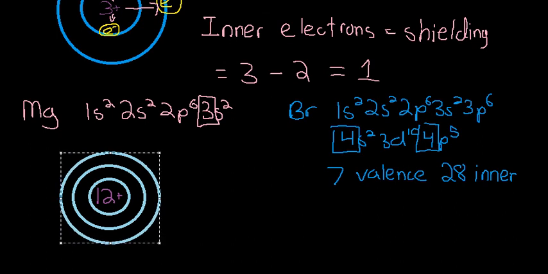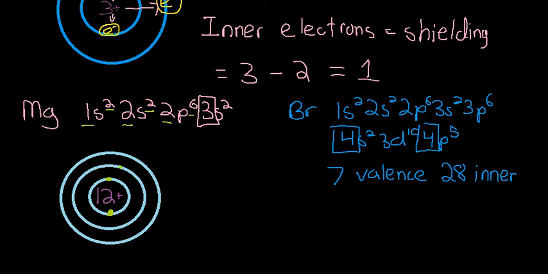For this one, I'm going to use dots to represent the electrons so it doesn't get too confusing. So within the n equals 1 energy level, we have 2 electrons. So I'm going to represent that with these 2 dots right here. Within the n equals 2 energy level, we have 2, 6, 8 electrons.